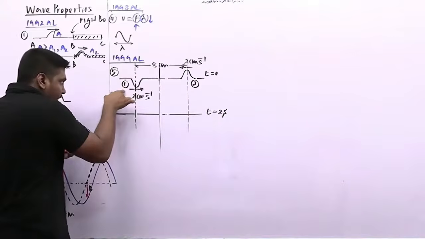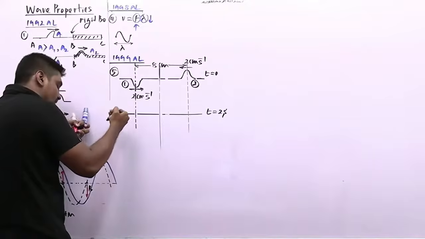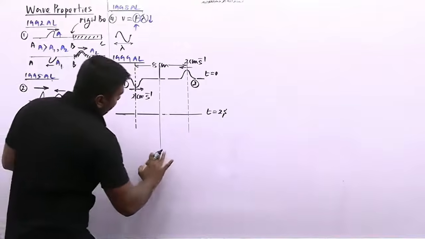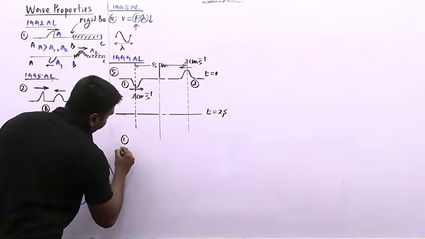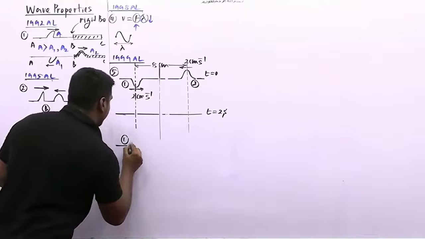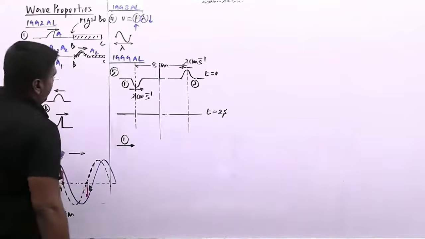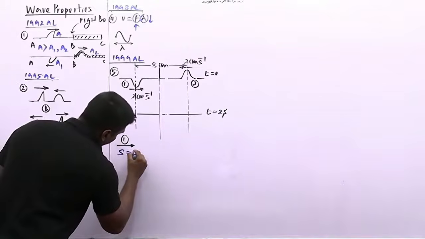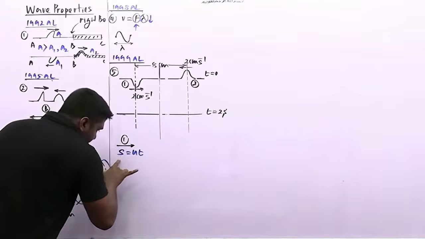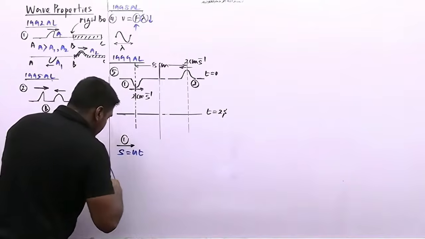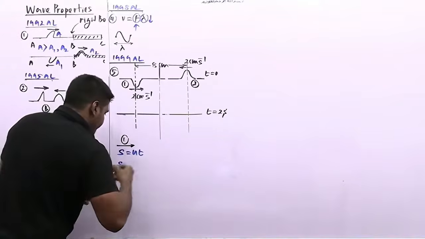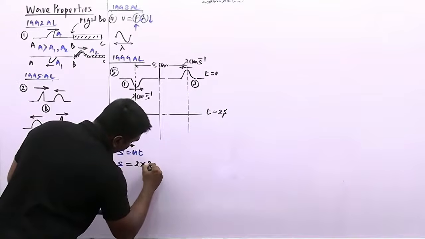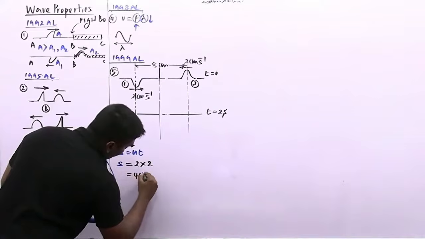For pulse number 1, apply the basic equation S equals ut to find the distance traveled. Speed of the pulse is 2 centimeter per second, time taken is 2 seconds, so 4 centimeters.